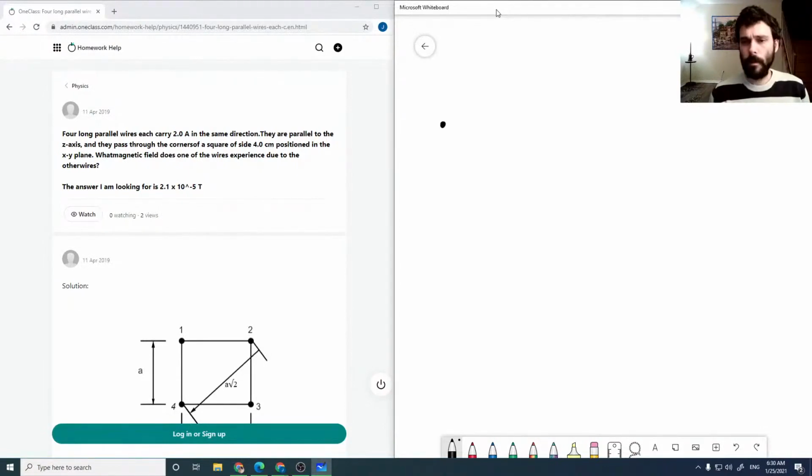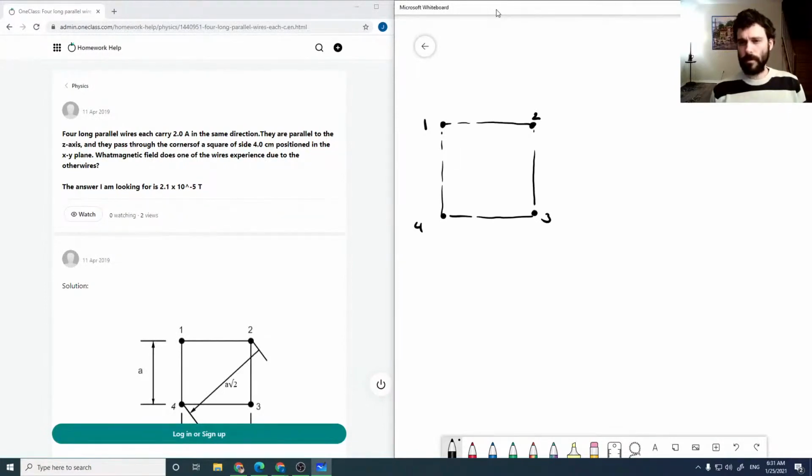So we have 1, 2, 3, 4. So this is our square, of side length 4 centimeters.